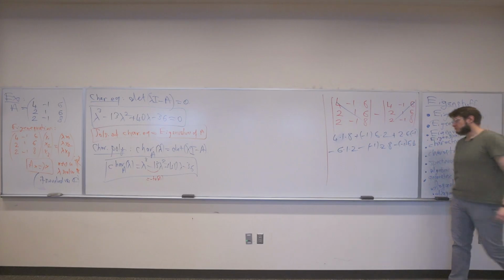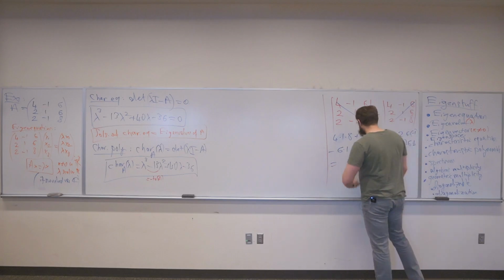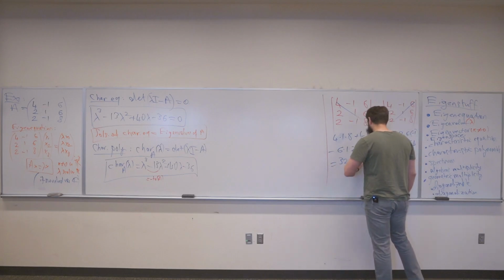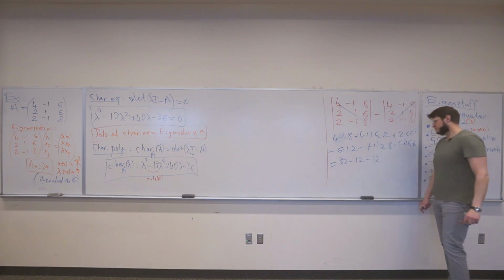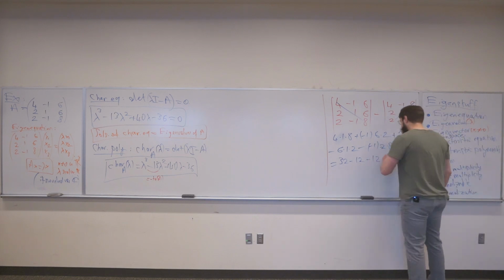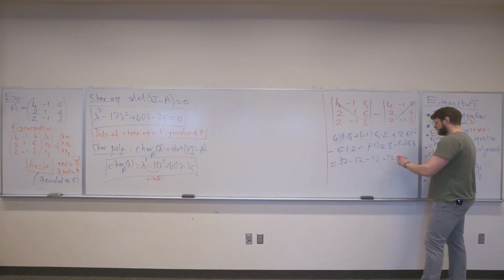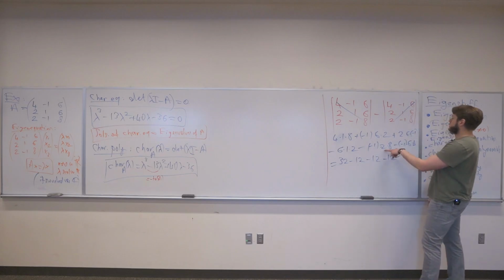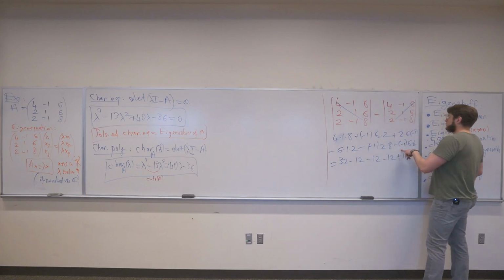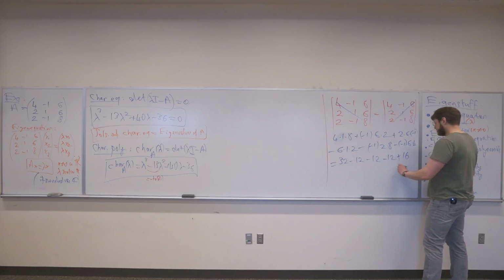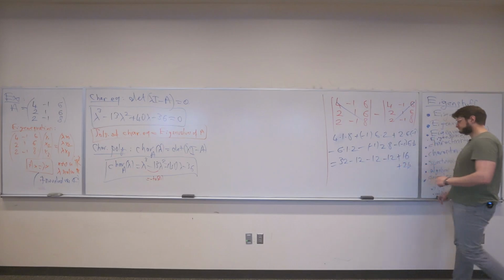What does this give me? 32 minus 12 minus 12 minus 12 minus 16. No, that's a plus, I think. That's a plus 16. And then plus 24.